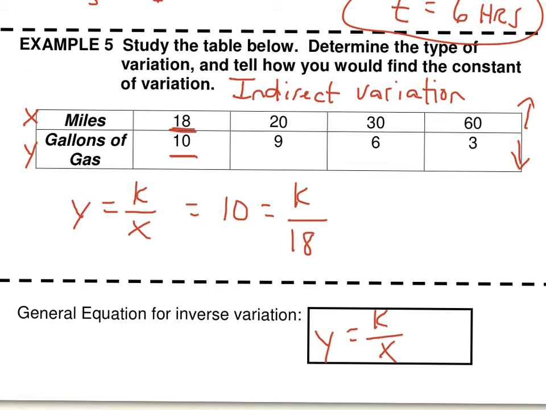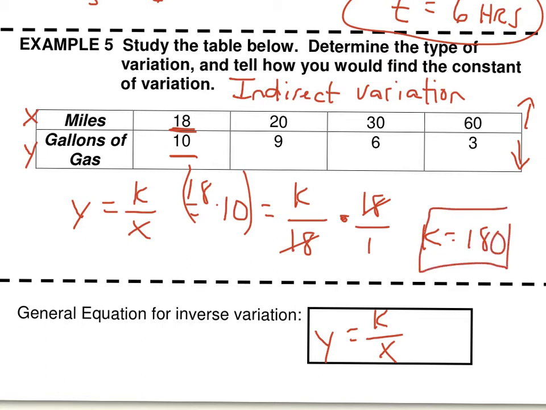In order to solve this, I'm going to have to multiply by the denominator on both sides. So I multiply this side because that clears that, and then on the left side 18 times 10. So when I solve, k is going to be equal to 180. So my constant of variation is going to be 180.